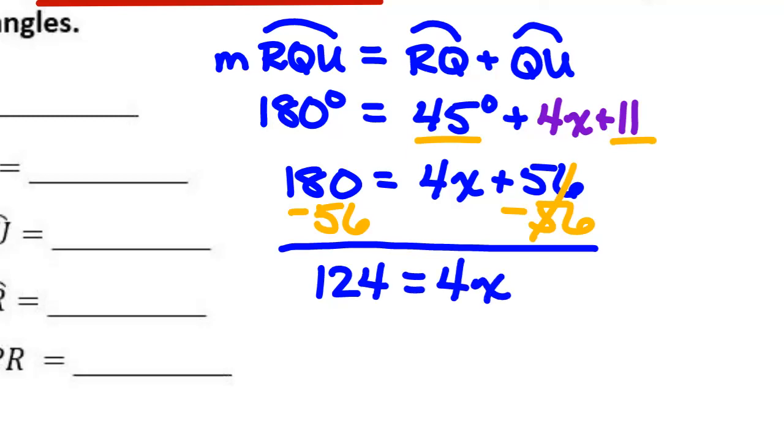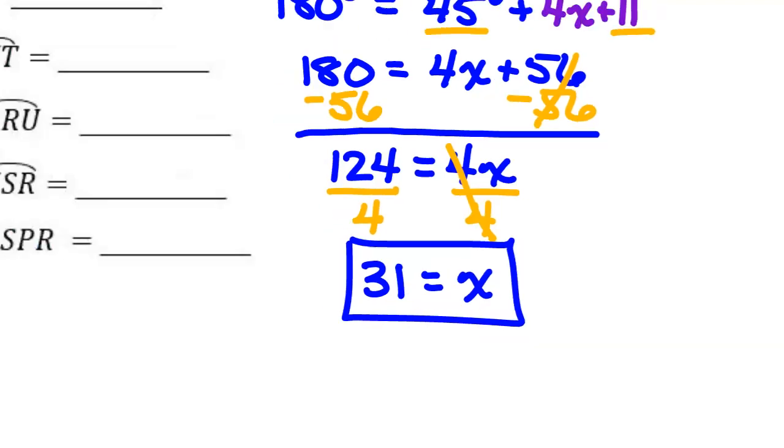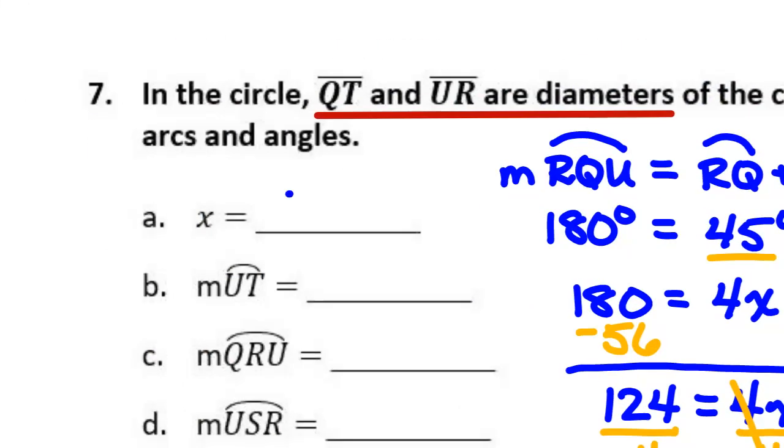Then we divide both sides by 4 to isolate x. What is 124 divided by 4? 31. So that was the first thing I was asked to find.